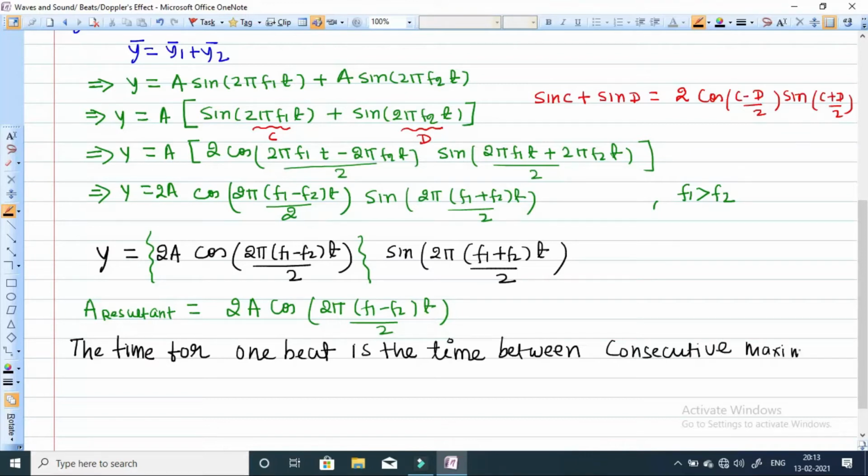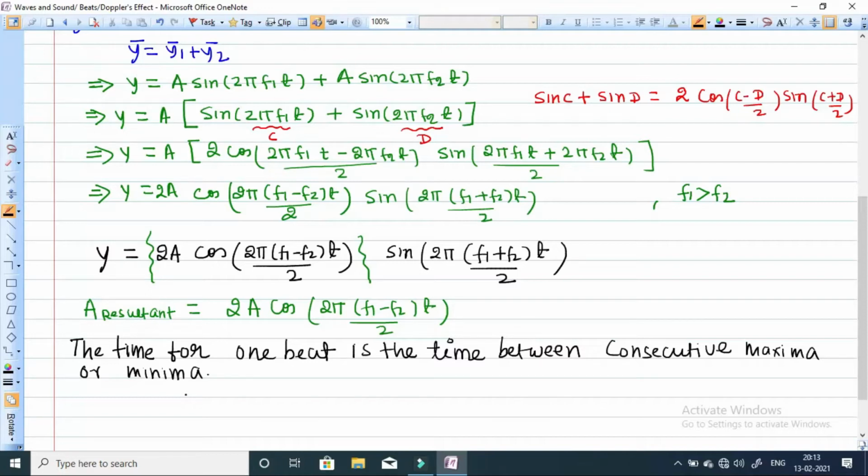The time duration between two consecutive maxima or minima is nothing but the time for one bit. Now let us calculate what will be the time duration for maxima.